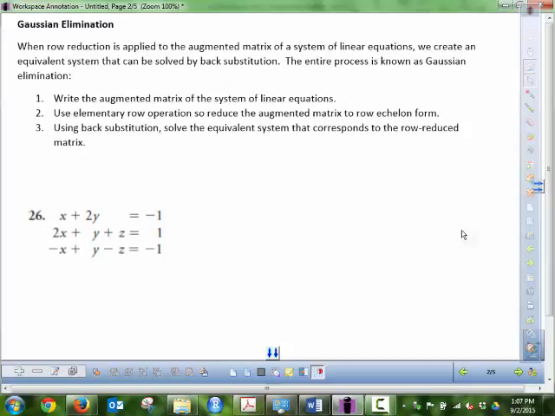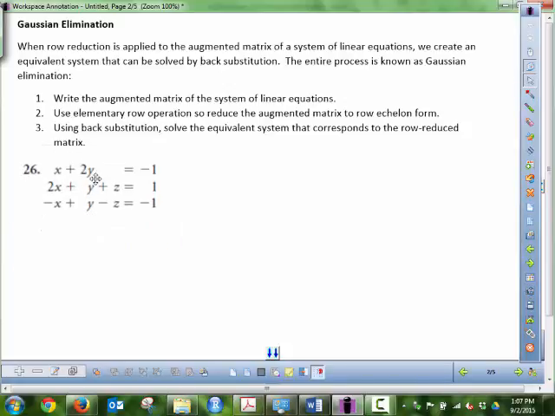And once it's in row echelon form, we're going to back solve it, go backwards to try to solve for our system. So those are the three simple steps to solve. Part 2 is where you do all the work, and part 3 is the little algebra part that you finish off to complete your problem.